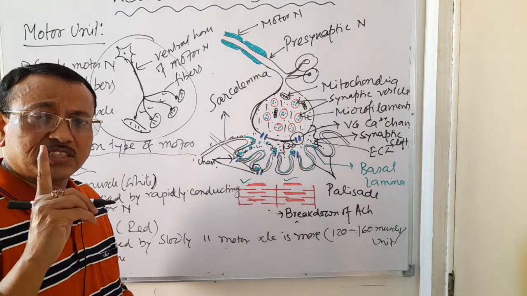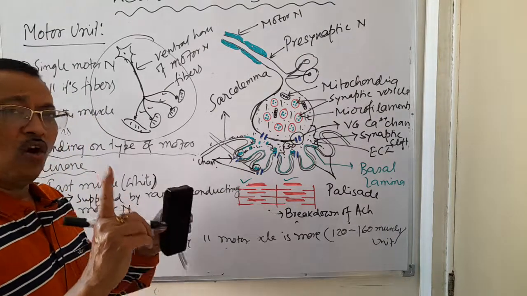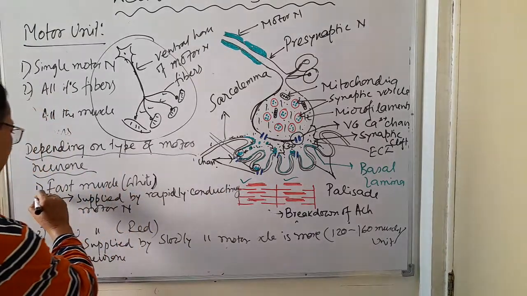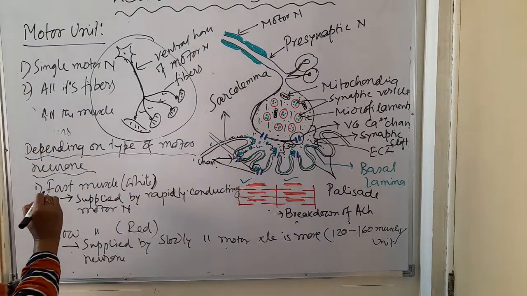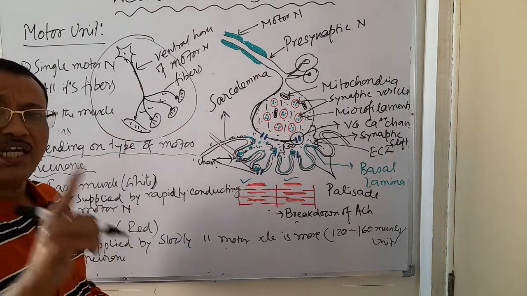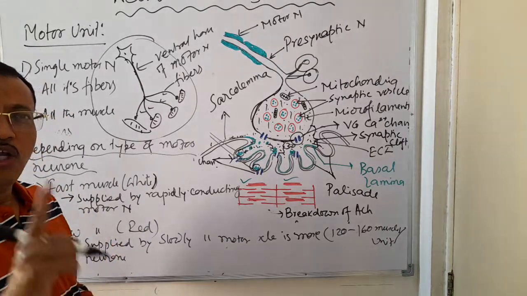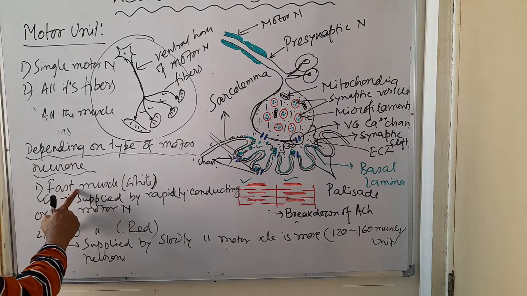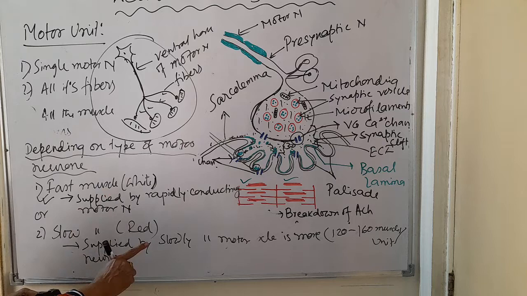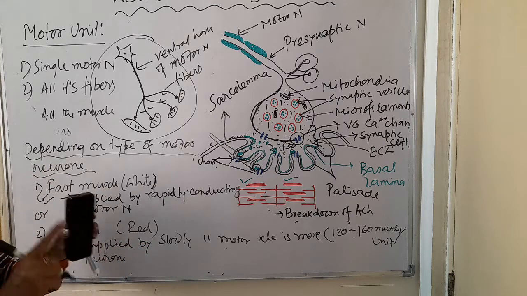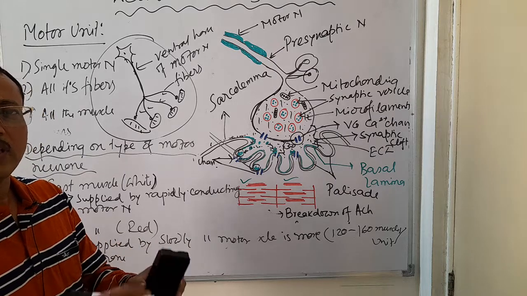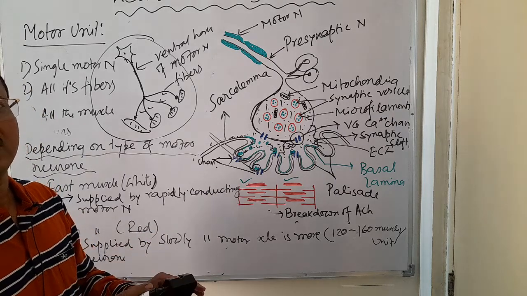A particular single motor neuron will always innervate the same type of muscle, either the fast muscle or the slow muscle. A particular motor neuron will always supply only a single type of muscle, fast muscle or the slow muscle, not mixed. A single motor neuron will not mix the fast muscles and the slow muscles.